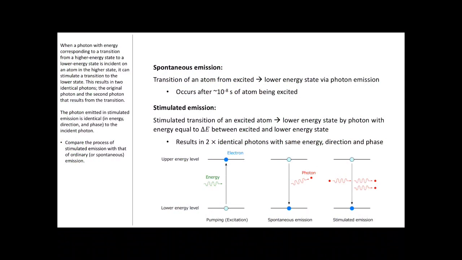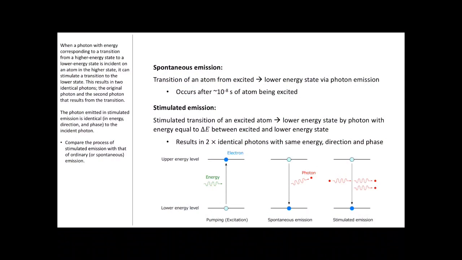So when a photon with energy corresponding to a transition from a higher energy state to a lower energy state is incident on an atom that's already in a higher state, it can stimulate a transition to a lower state. This results in two identical photons, the original photon that was incident, and a second photon that results from that stimulated transition.